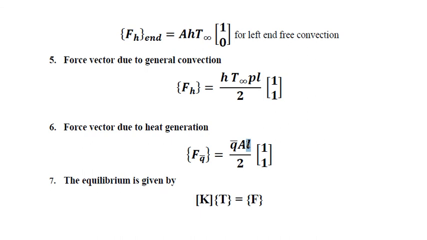Cross-sectional area into length gives the volume of the element. The internal heat is generated per volume.